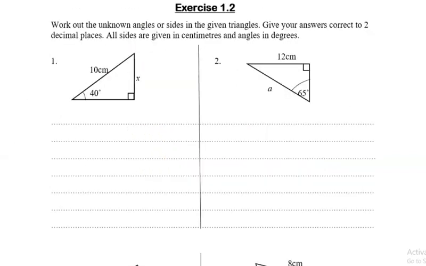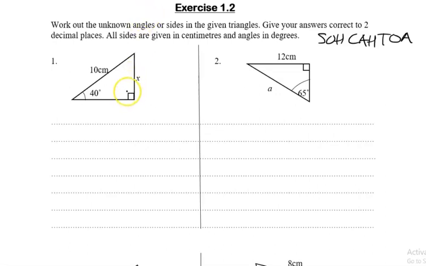Exercise 1.2. Here we're going to be covering trigonometry using the formula SOH CAH TOA. Now here we need to identify the hypotenuse, the adjacent, and the opposite.